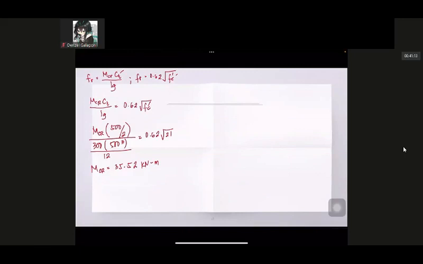Okay, so Denzel, after computing for the cracking moment, what is our next step again? Step 2. So determine if crack or uncrack.